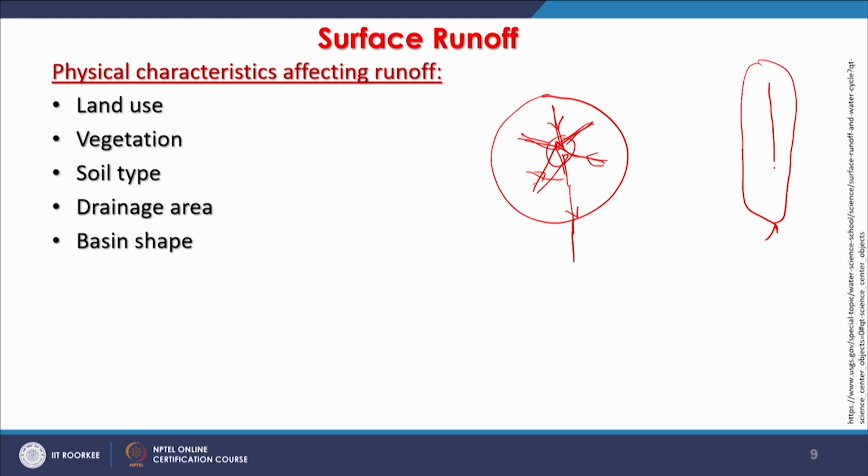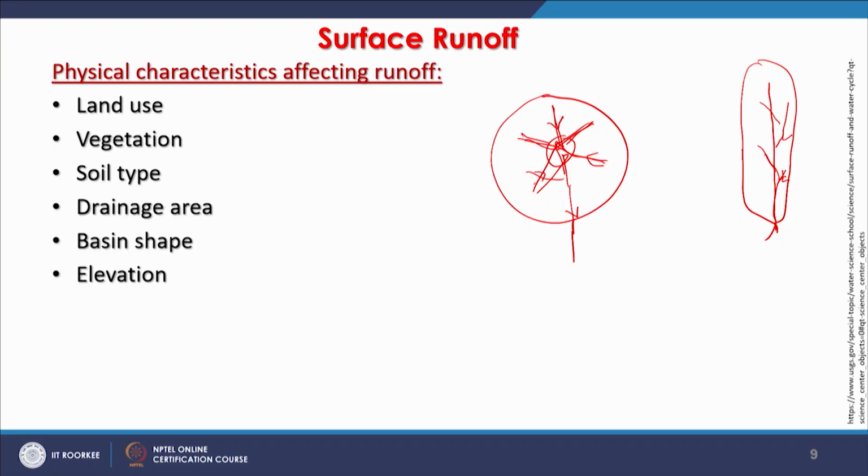Whereas an elongated drainage basin may not have chances of flooding. Assume uniform rainfall occurs: the first water will come out from this part, then this, and finally from the top of the basin. So the basin shape also influences surface runoff and flood, which is a related thing.